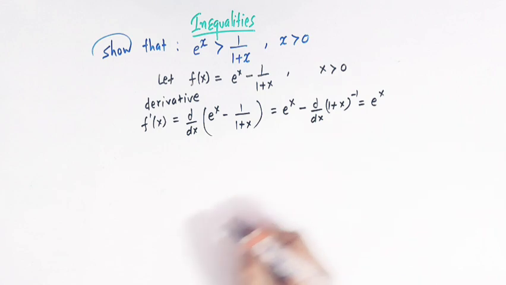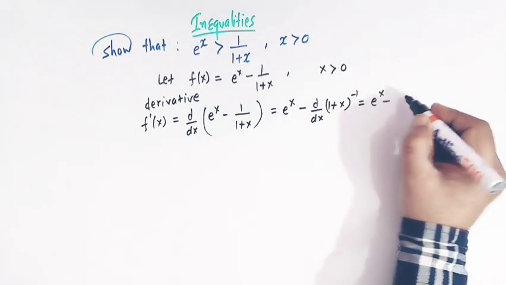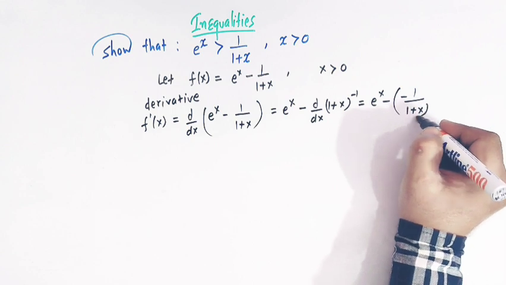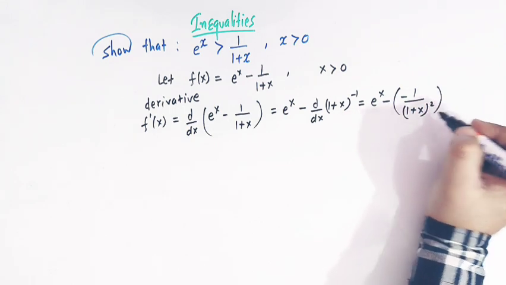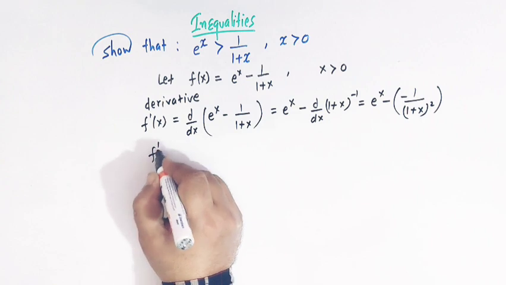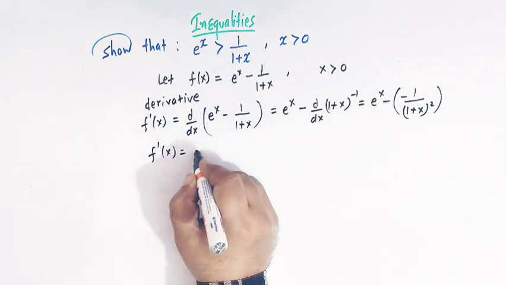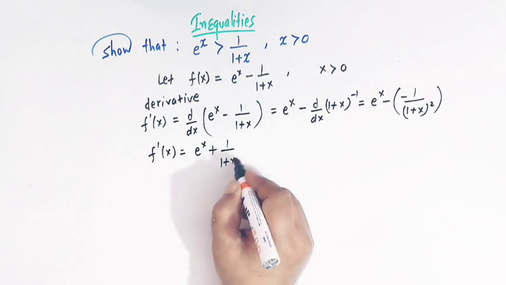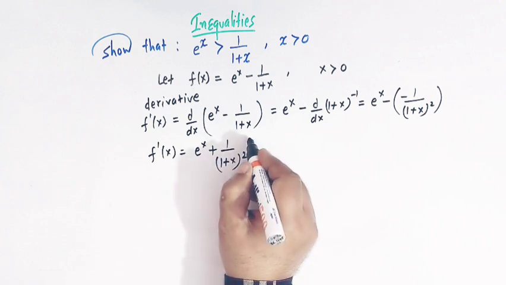So we have e raised to x, and here we have minus, and we have minus 1 over 1 plus x whole square, right? So now the derivative can be written as e raised to x plus 1 over 1 plus x whole square, right?